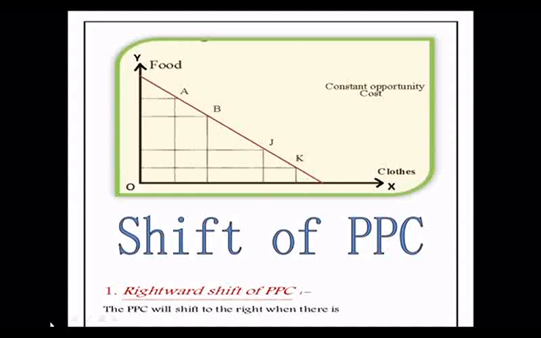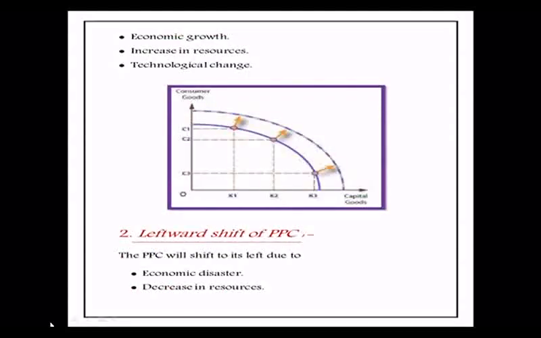Rightward shift of PPC is due to economic growth, due to increase in resources, or due to technological change. You can see in this diagram. इस डायग्राम में क्या हो रहा है, जो डार्क लाइन है that is showing the original PPC curve, but due to economic growth, due to increase in resources or due to technological upgradation, PPC curve shift हो रहा है rightward.